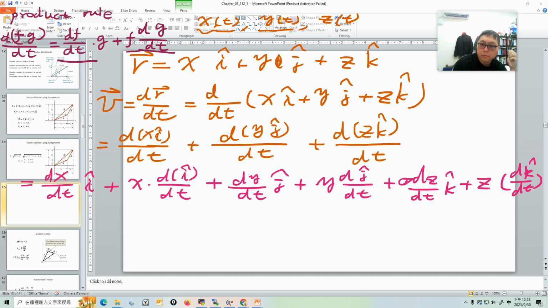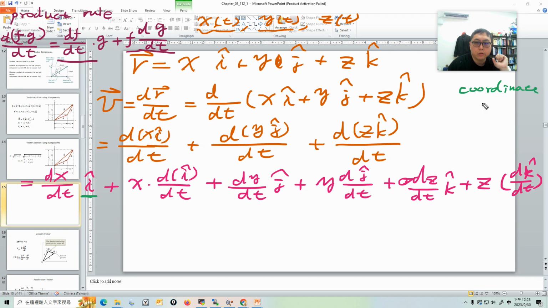And then we'll show something, because in a very simple problem, the coordinate system is independent of time.